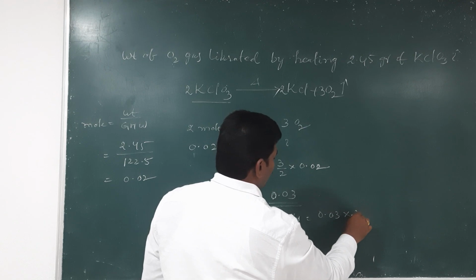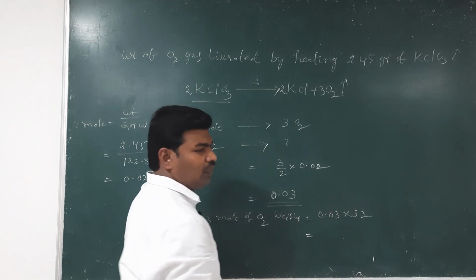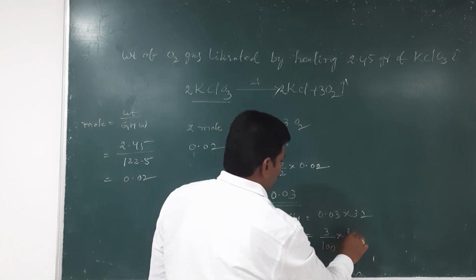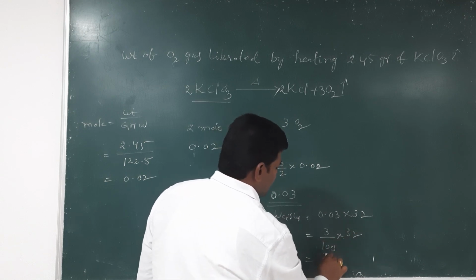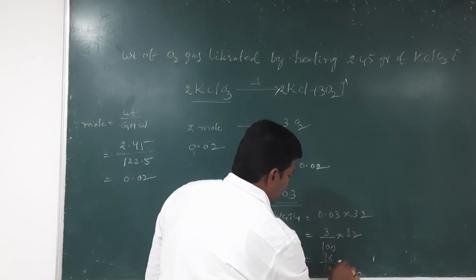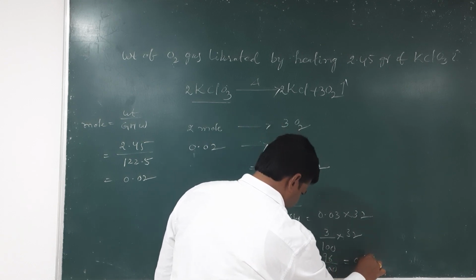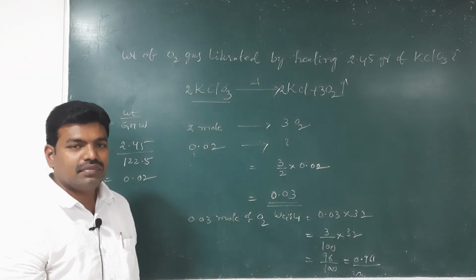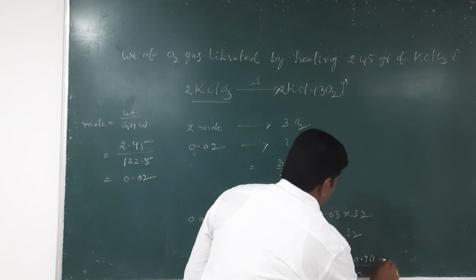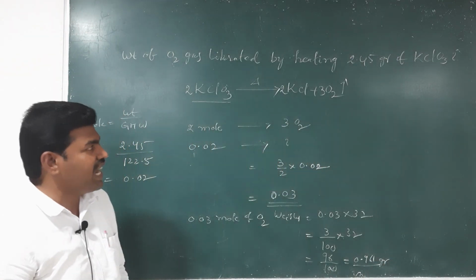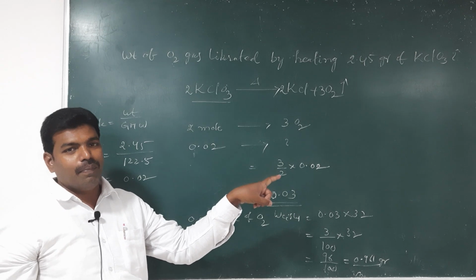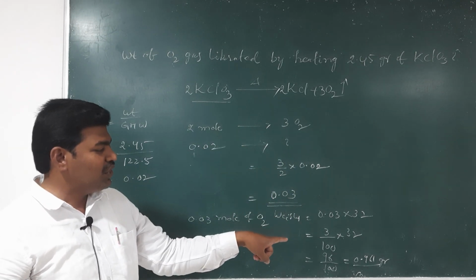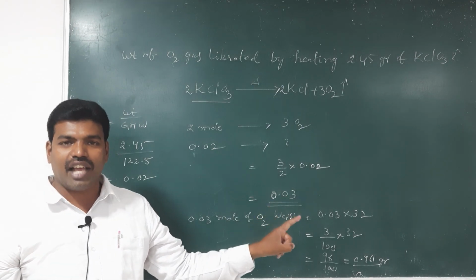We can write this as 3/100 into 32, that is 96/100, that is equal to 0.96 grams. Therefore, the weight of O2 gas liberated by heating 2.45 grams of potassium chlorate is 0.96 grams.